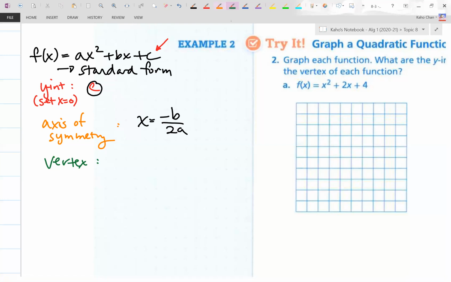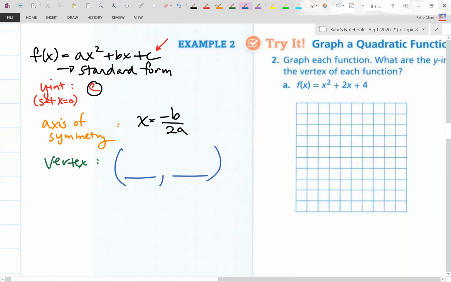Here's the formula. It's a coordinate point, x comma y. What you want to do is put negative b over 2a right here, plug it into the equation, and solve and simplify. So here, to find this part, substitute negative b over 2a into the equation.